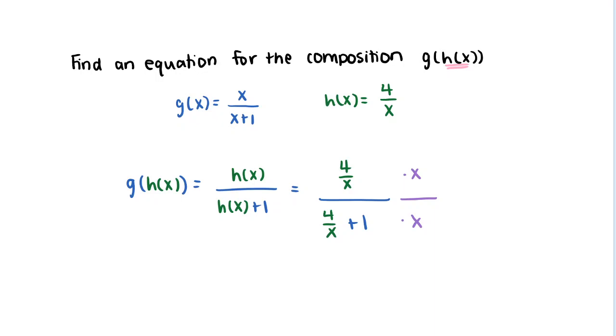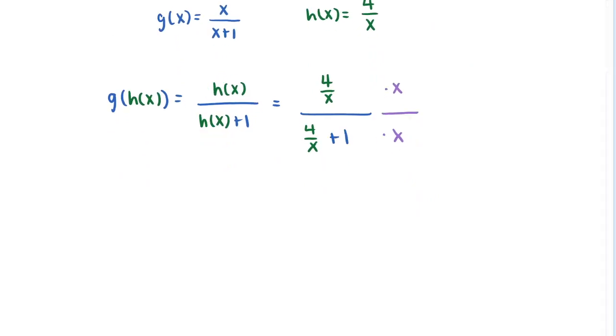The benefit of this is that in the numerator, we have this division by x and this multiplication by x now, and those two undo each other. Division by and then multiplication by the same thing really amounts to not doing all that much. So we're just left with 4 in the numerator. And then what do we get in the denominator? Well, we're taking this x and distributing it to this entire denominator.